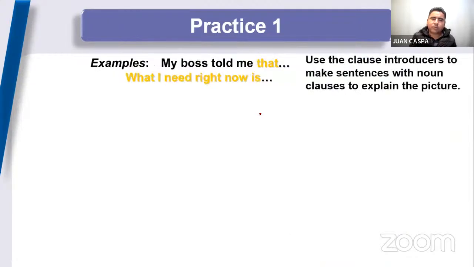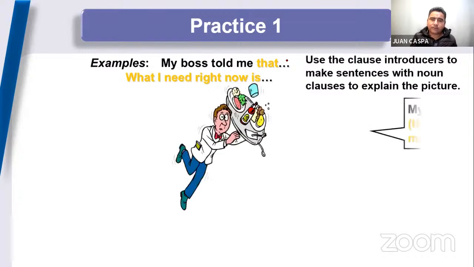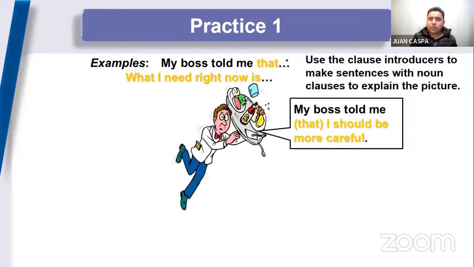So this one, for example, my boss told me that, okay, or what I need right now is. So use the clause introducers to make sentences with noun clauses to explain the picture. You can use it like this, for example, my boss told me that I should be more careful.